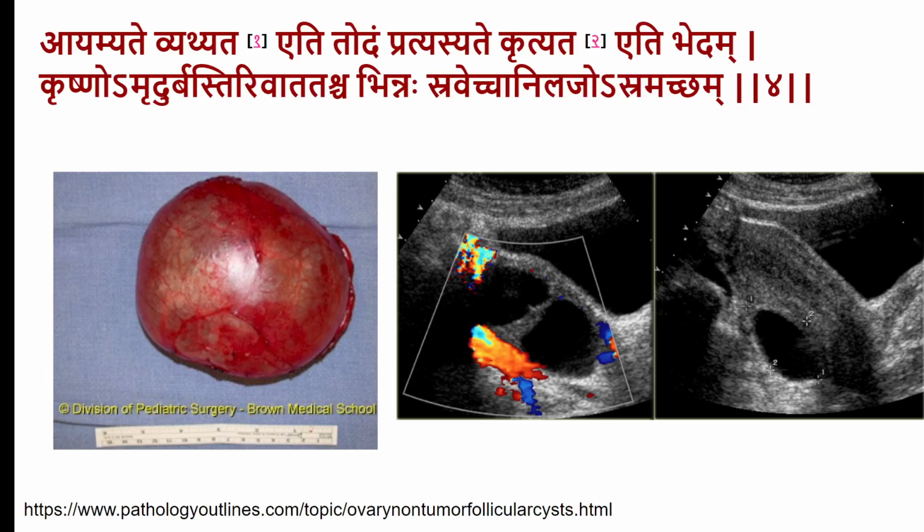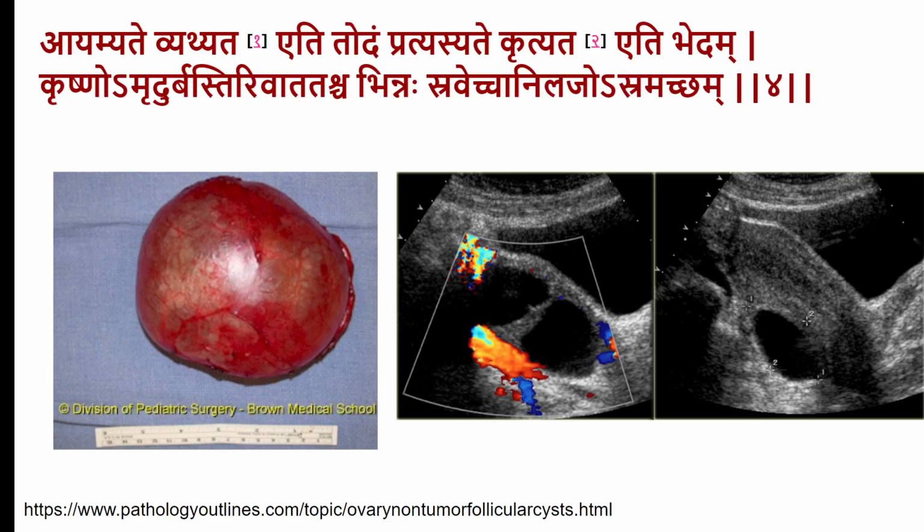Bastiriva atata, it may have a fluctuation. It is evidence of fluctuation, dilated like a bladder, and whenever it is opened, the discharge would be blood-stained or like frank blood. Anilajo asramacham. Now this is typical of the hemorrhagic cyst.